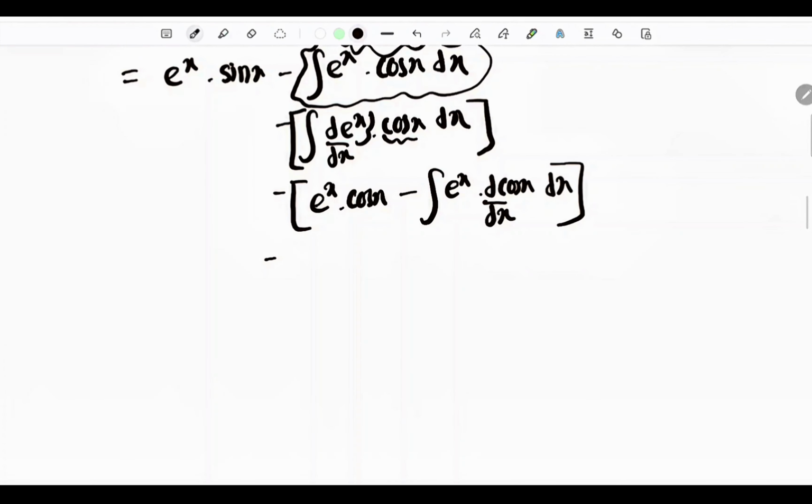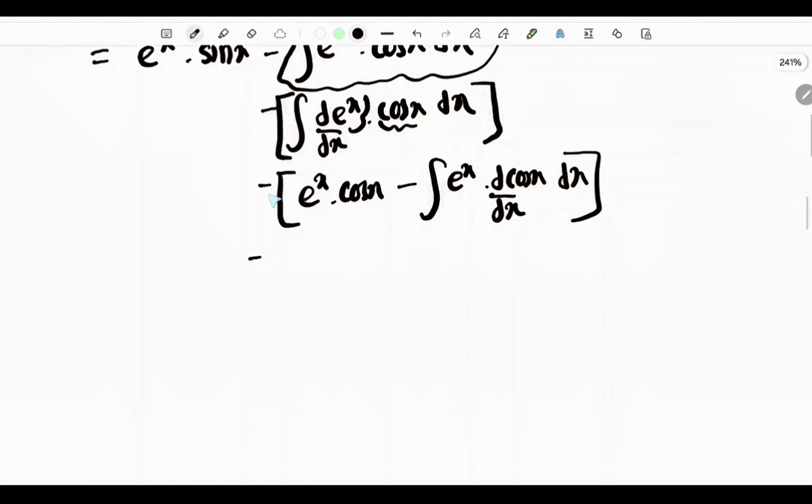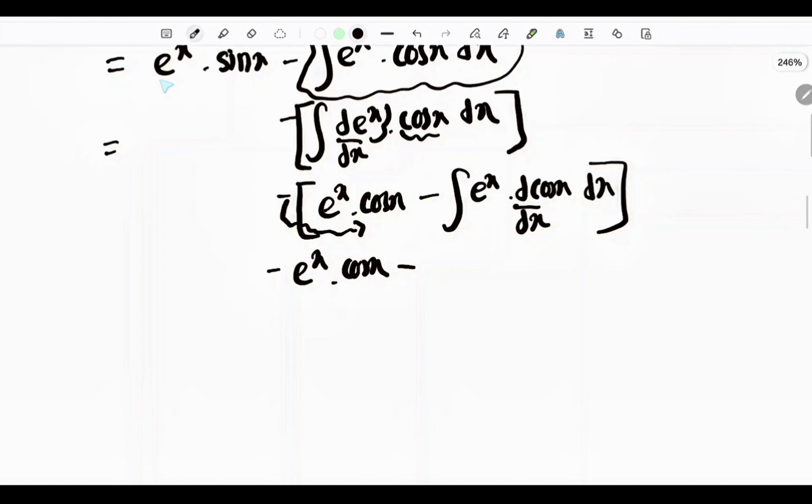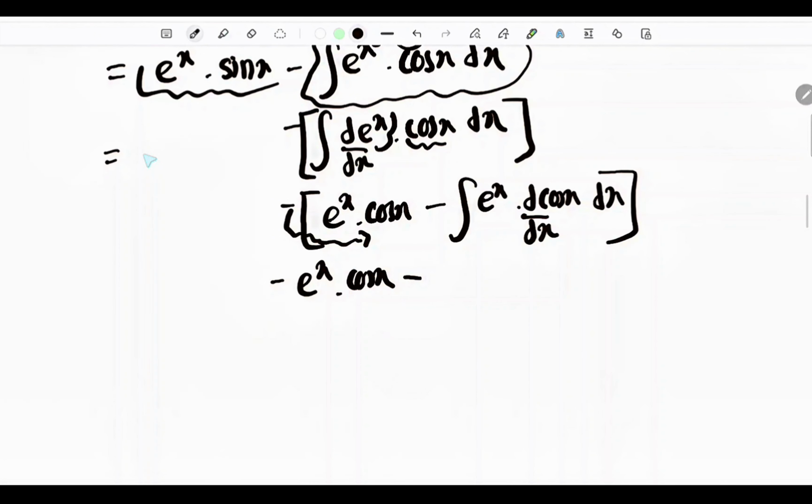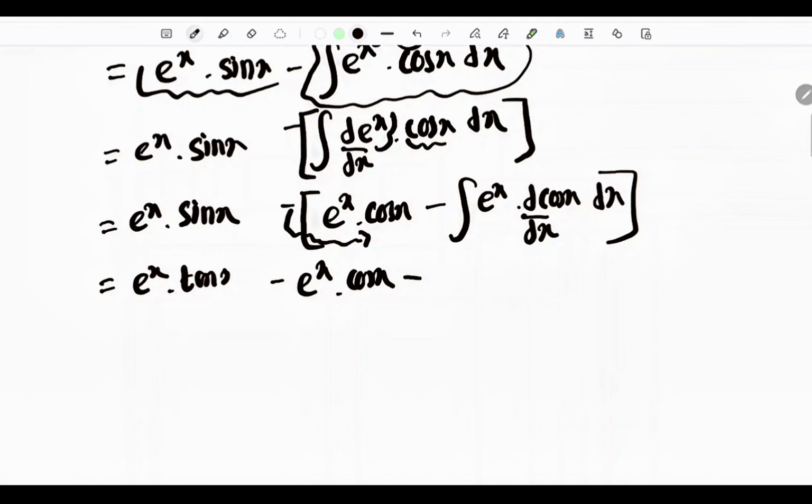Now we can expand this bracket and multiply by this minus, and minus e^x times cos x, and don't forget that this part of the answer was always before this part, right? e^x times sin x.